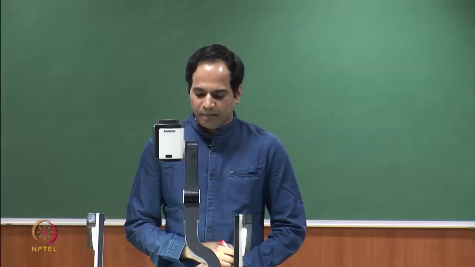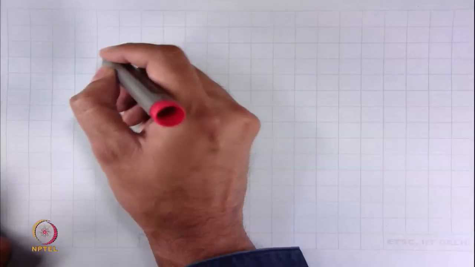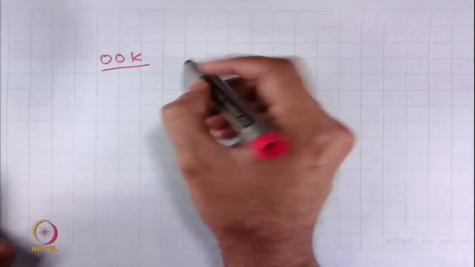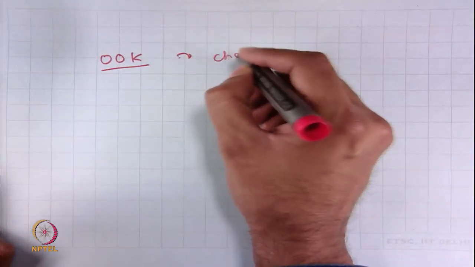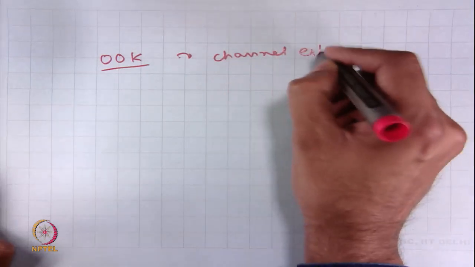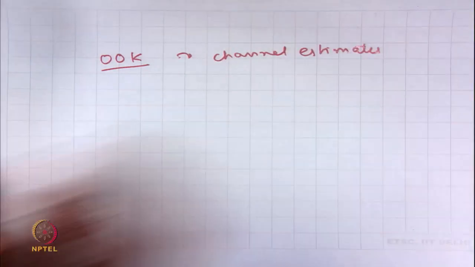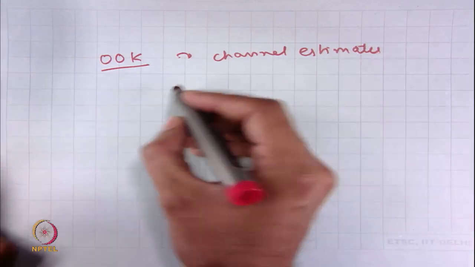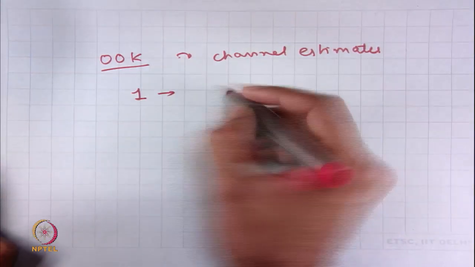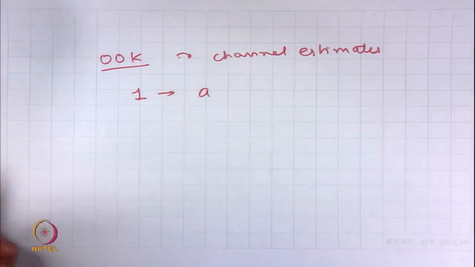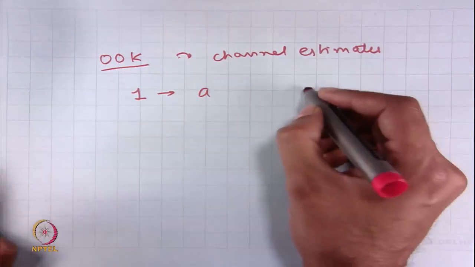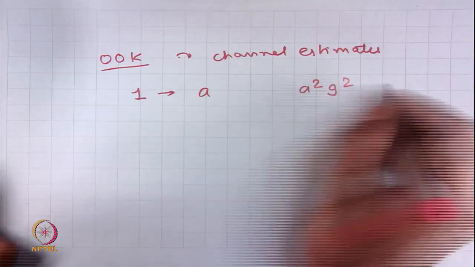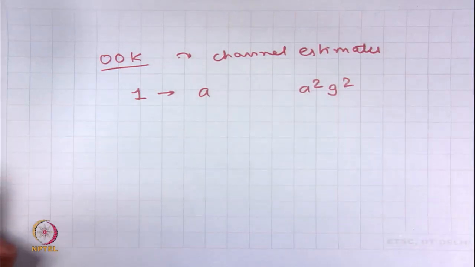Before going to discuss the performance of PPM, which we will focus on now in non-coherent channels, let us first ask the question, can we detect OOK modulation scheme without having the channel estimates? And the answer is no, because let us say we transmit a signal A, and the energy that you would receive will be proportional to A square times G square.